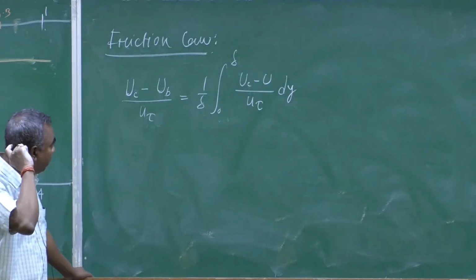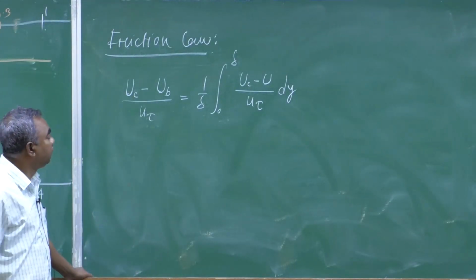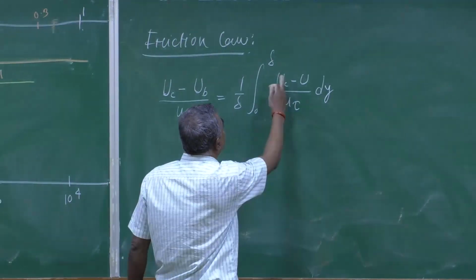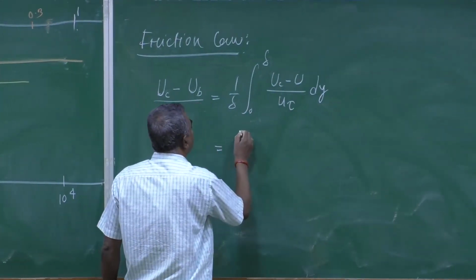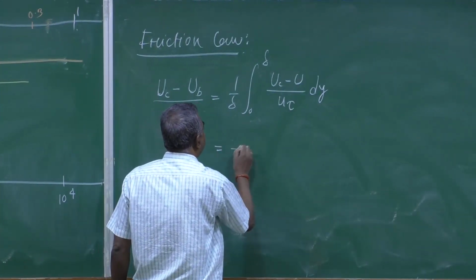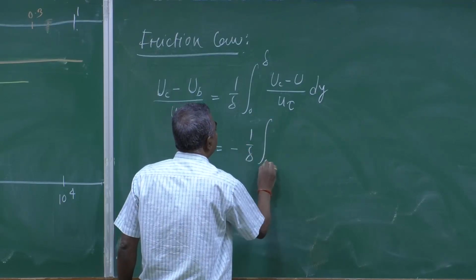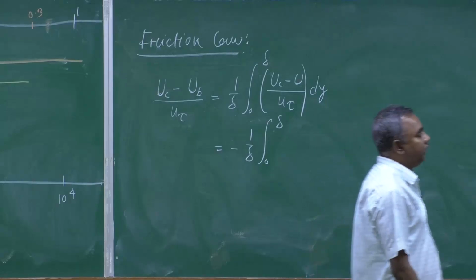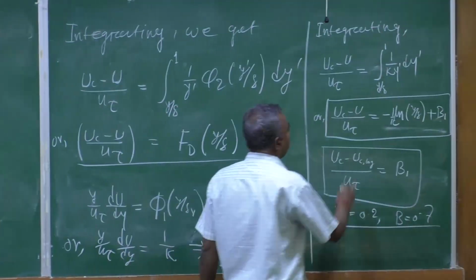As per your definition of bulk velocity, this is what we can write, and this particular function is going to be minus 1 by delta, 0 to delta.